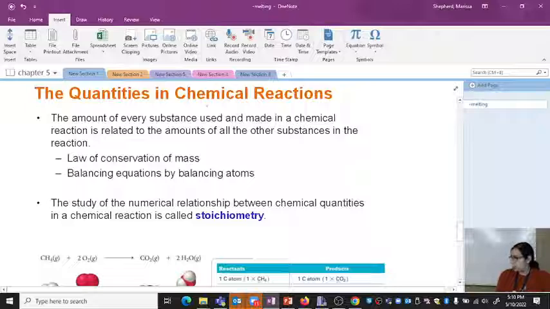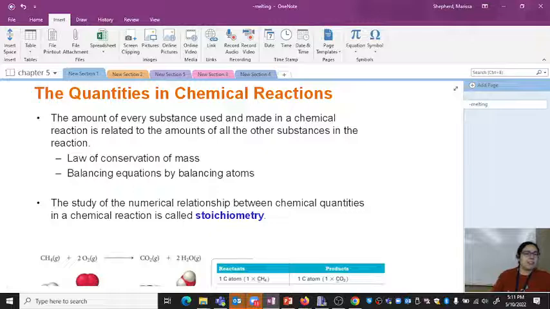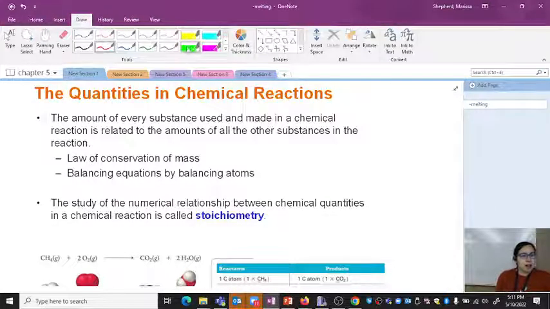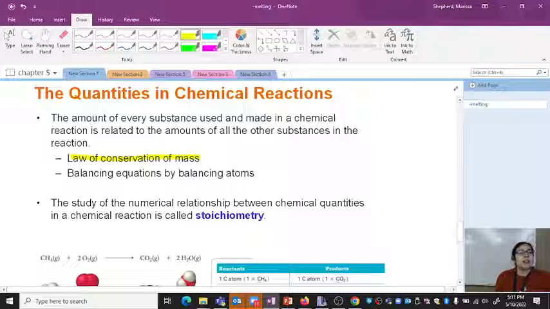And so when we balance these reactions, or rather why it works out, again we said that we're not destroying atoms, we're not losing any, and we're not magically creating any. This means that it follows our law of conservation of mass. This also means that the amount of every substance used and made in a chemical reaction is related to the amounts of all other substances, and we'll see that.